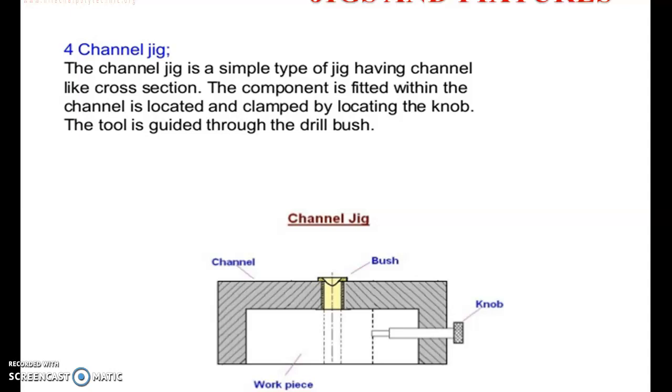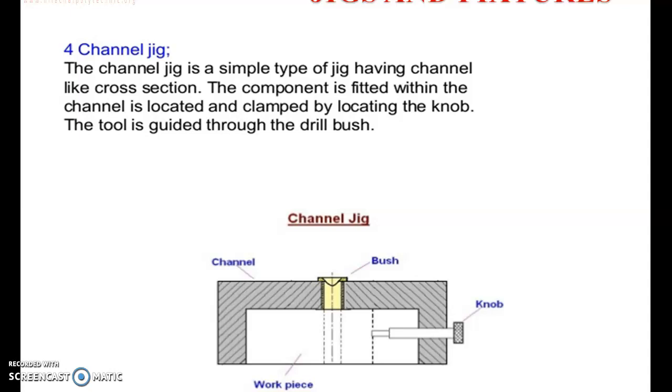The wedge fixture looks similar to a bench vise. It is employed to grip the work by the wedge block, which is made to slide by rotating the screw with the help of a handle provided.